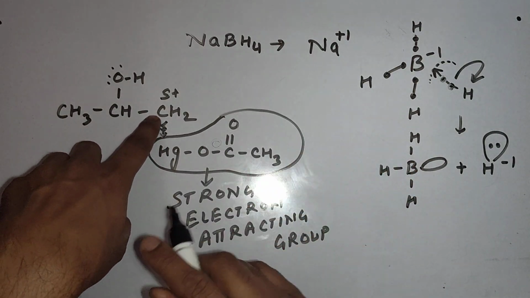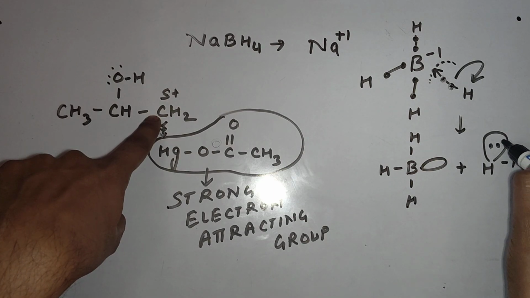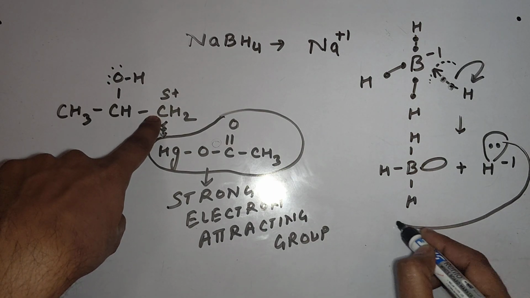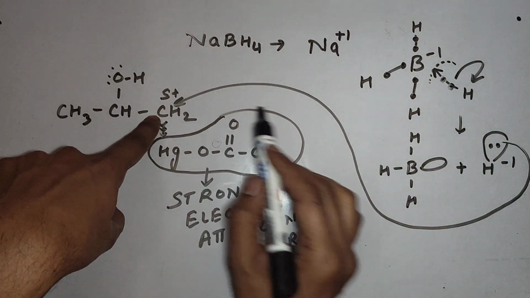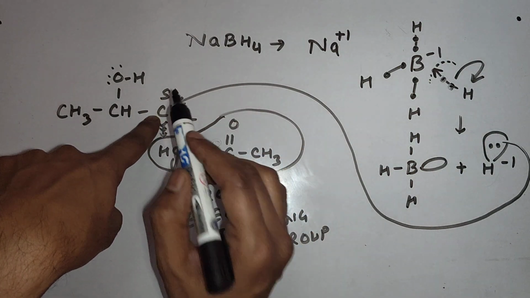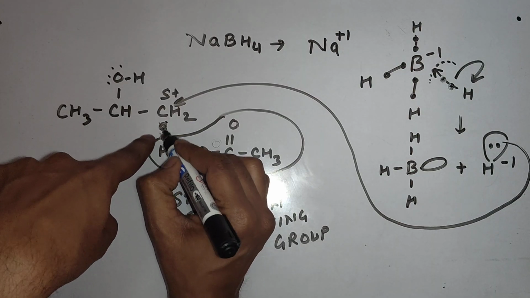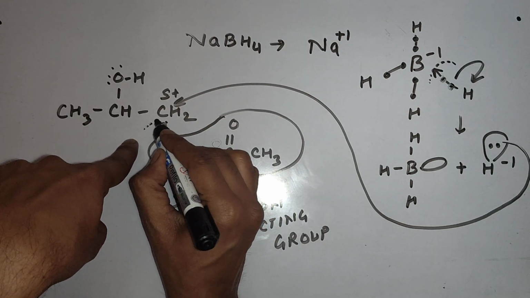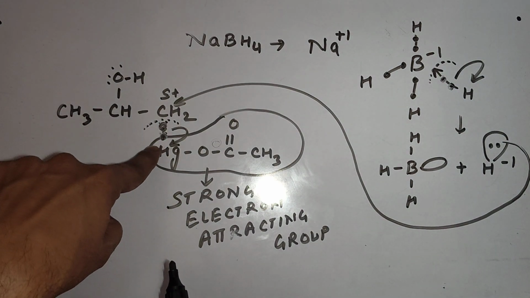That's why carbon is carrying a very high positive charge. Due to this high positive charge, this hydrogen will start attacking it like this. And when hydrogen makes a bond with this carbon, these two electrons which were present in this bond will go toward the mercury side and the bond will break like this.